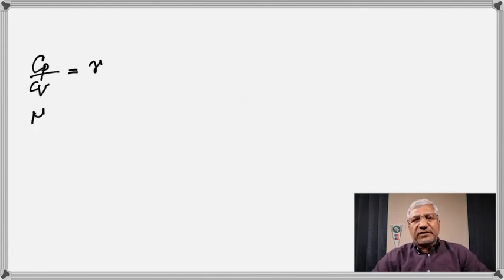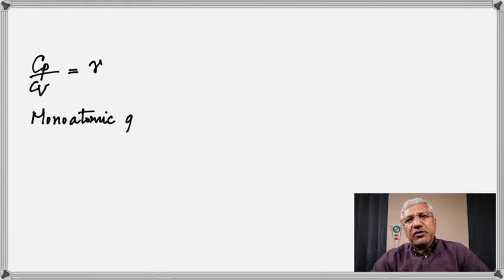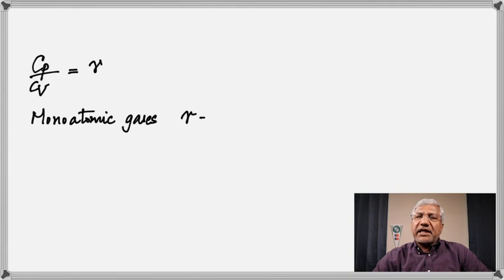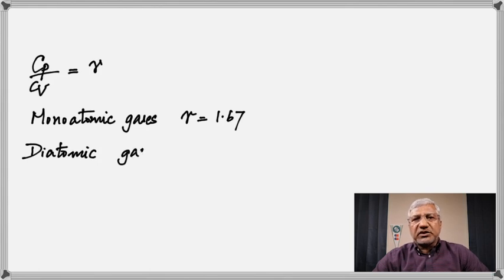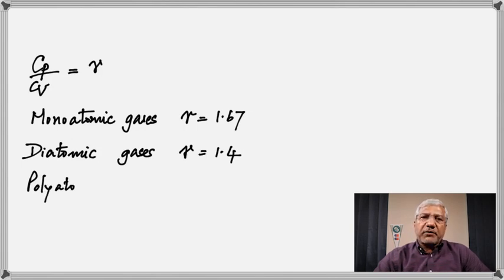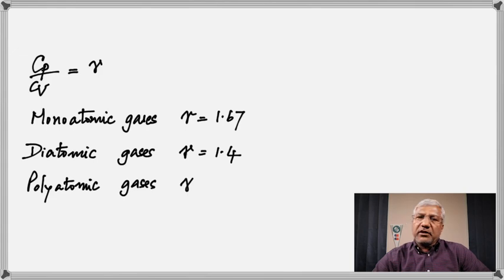Since Cp is greater than Cv, if you take the ratio between them, you will get what's called gamma, and gamma is always greater than 1. For monoatomic gases, gamma is 1.67. For diatomic gases, gamma is 1.4. And for polyatomic gases, gamma is 1.33.